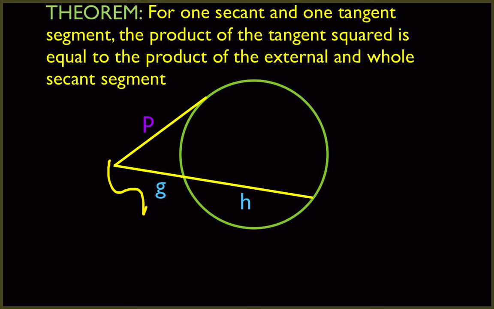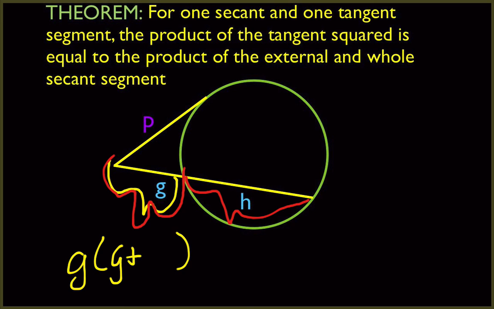And then we also have our whole entire segment, which is G plus H, so it's made up of that and then including this as well for the whole thing. So you end up with G times G plus H, which I'll do in different colors so you can see it.